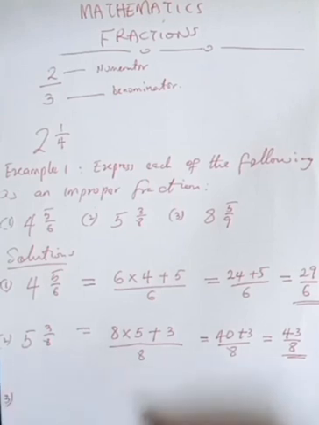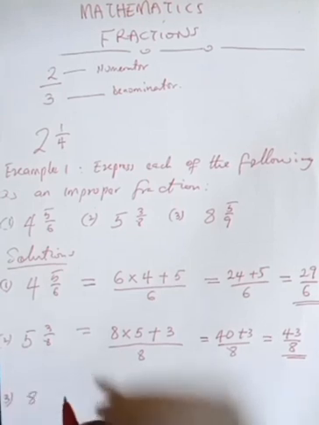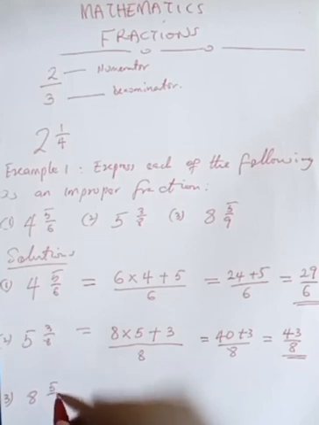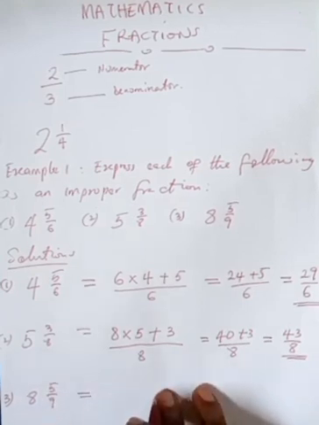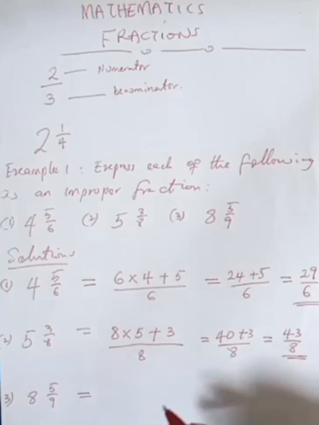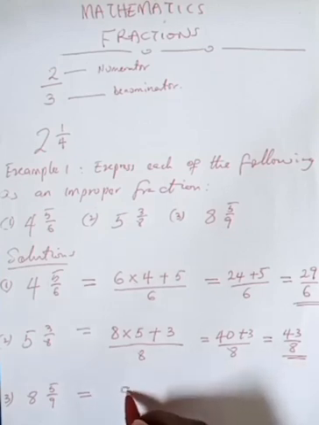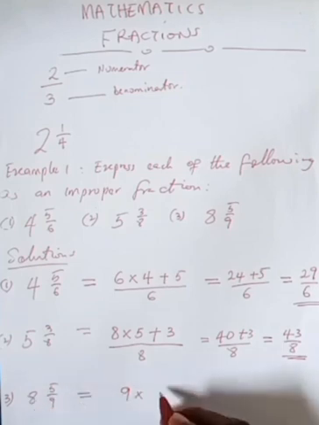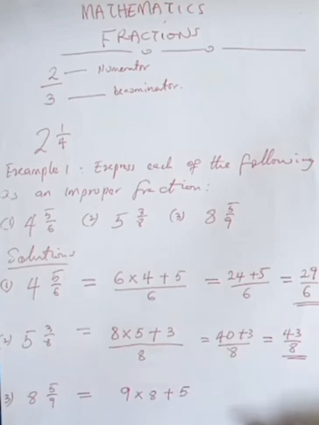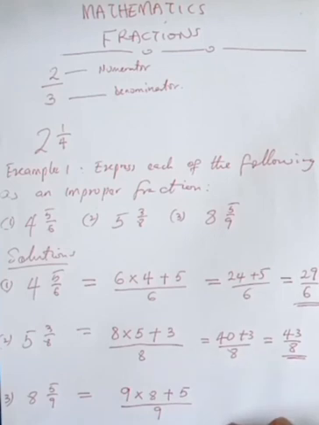And lastly, we have 8 whole number 5 over 9, and to express this one as an improper fraction will be the denominator of 9 multiplied by the whole part of this number, 8, plus the numerator which I have here, that is 5, everything over my denominator.